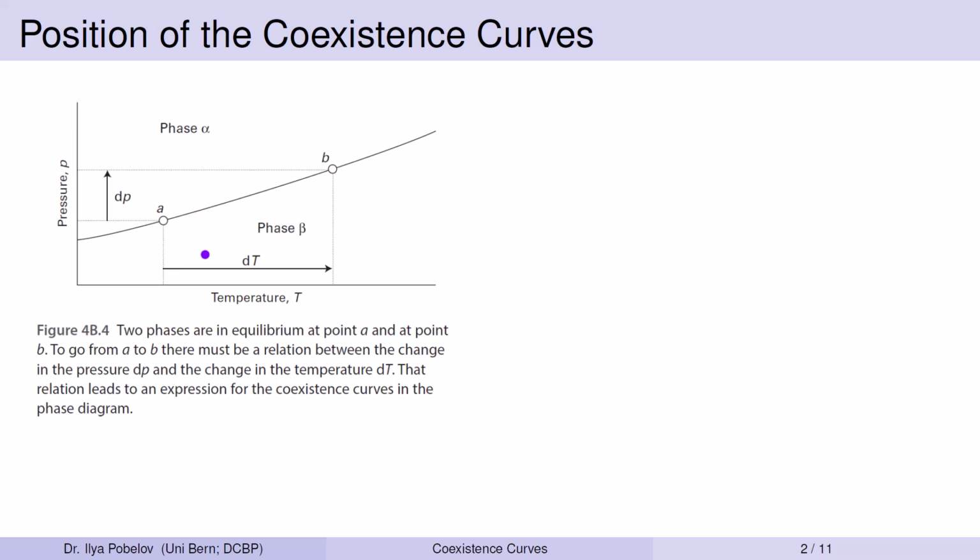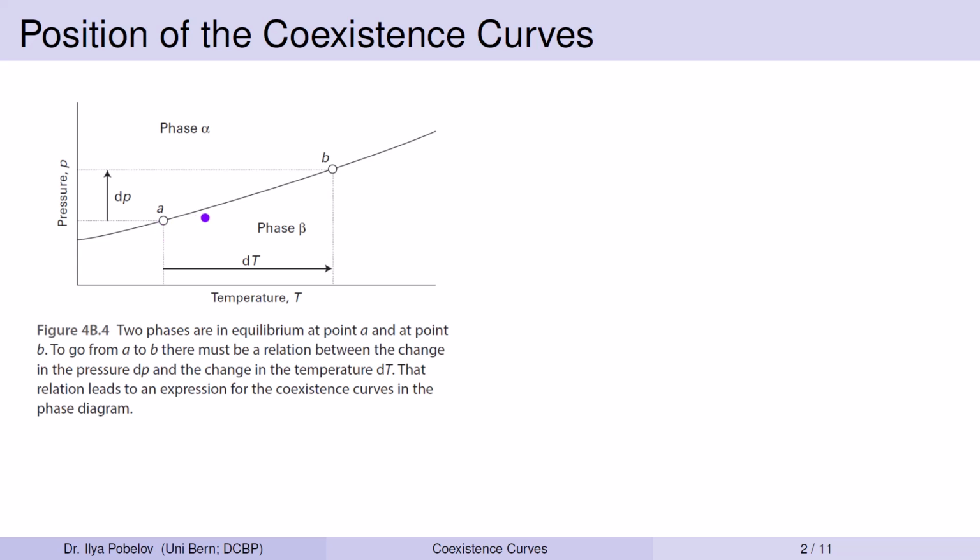The graph displayed here shows the coexistence curve for the two phases labeled phase alpha and phase beta. Each point of the curve, such as point A, signifies the equilibrium between two coexisting phases.